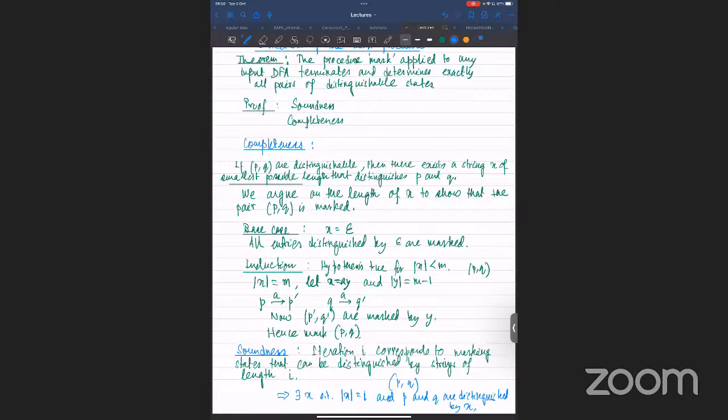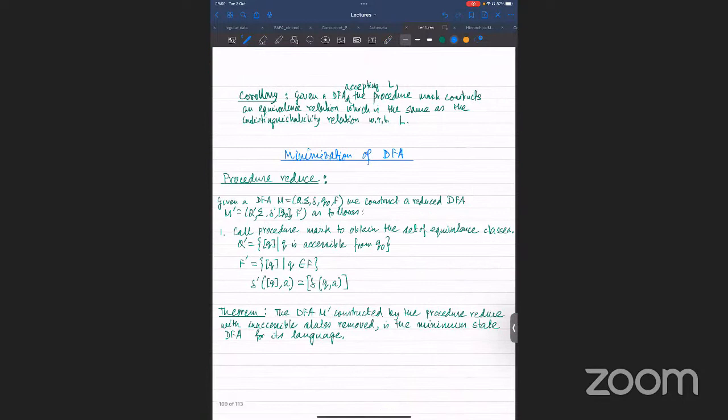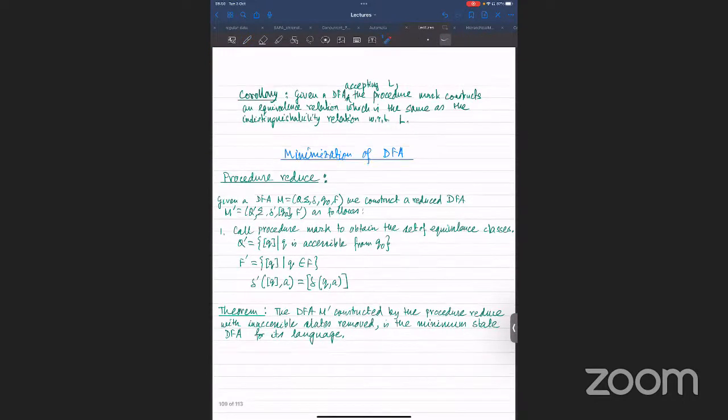Now what we also discussed is the mark procedure, what does it construct? It constructs an equivalence relation, which is the same as the indistinguishability relation with respect to L. Because if you consider any pair of states that are not marked, they are indistinguishable with respect to any string.